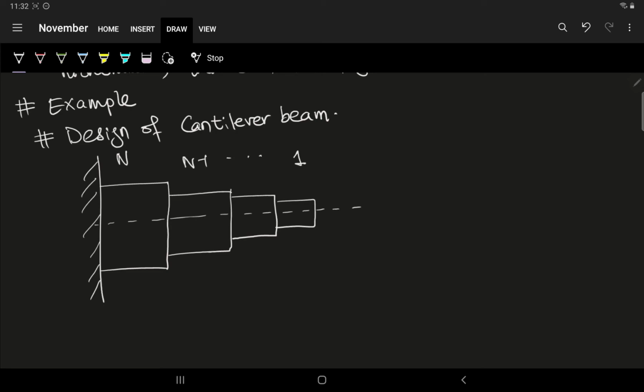It is uniformly placed and the lengths of these are the same, but there are the widths also, so it's like this. Right.